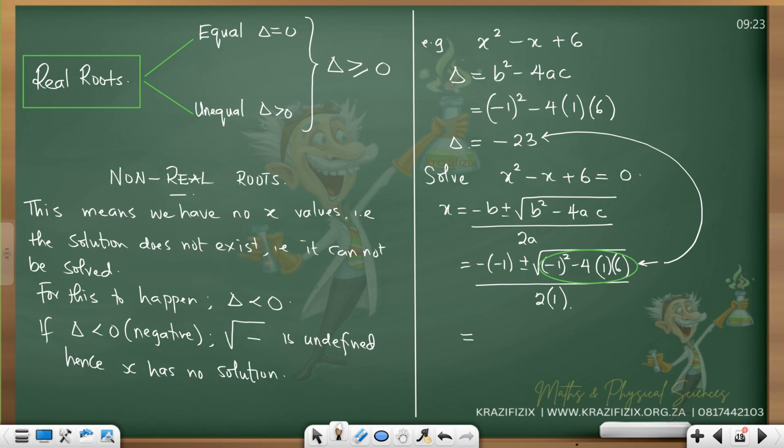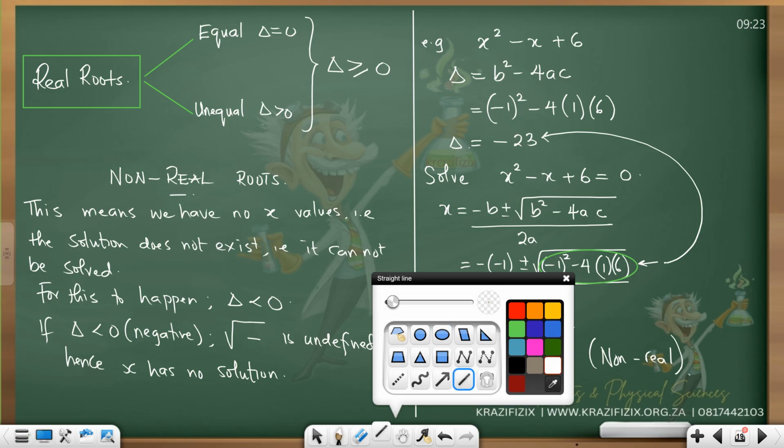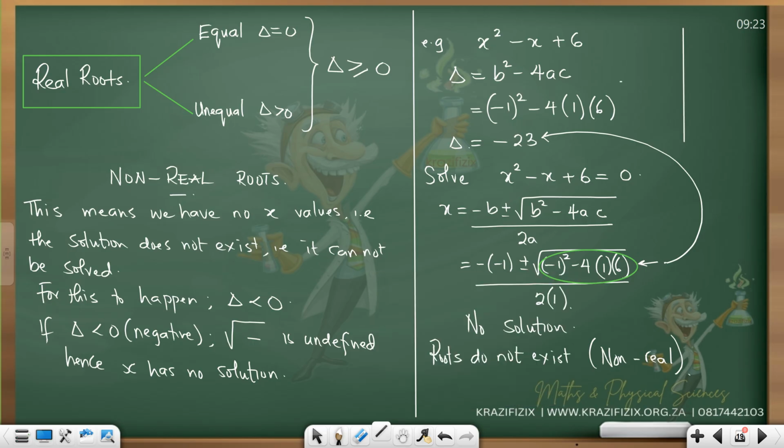So we have no solution. It means that the roots do not exist. They are non-real. If I were to sketch this graph for you, look at what it would look like.